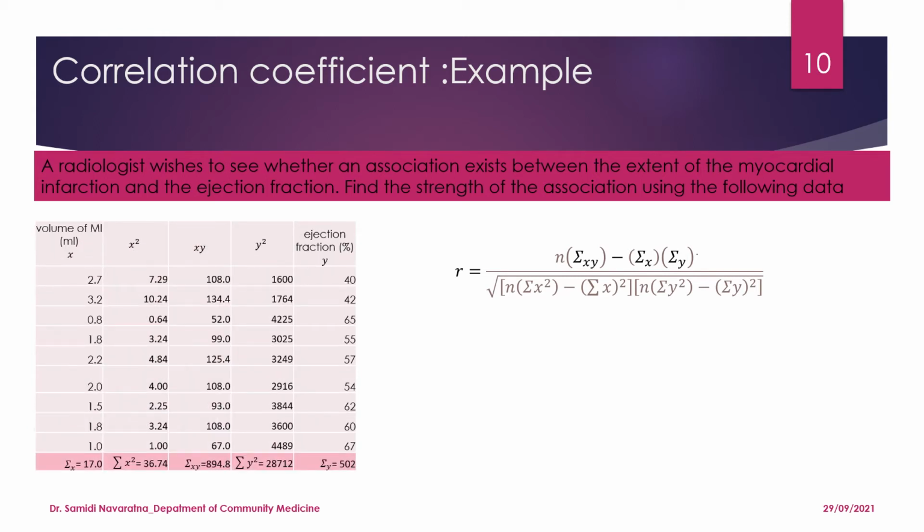So we have the sum of x here, sum of x squared, sum of the product of x and y, sum of the y squared, and sum of y. So we have all the information we need to calculate the correlation coefficient. So let's substitute these values to this equation.